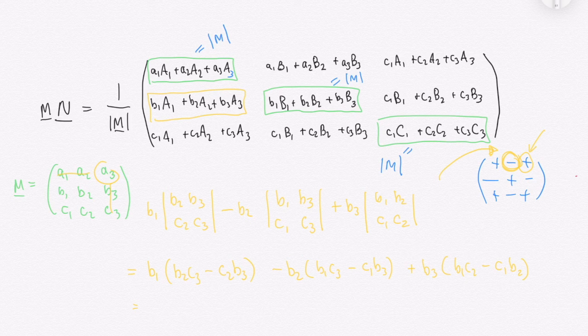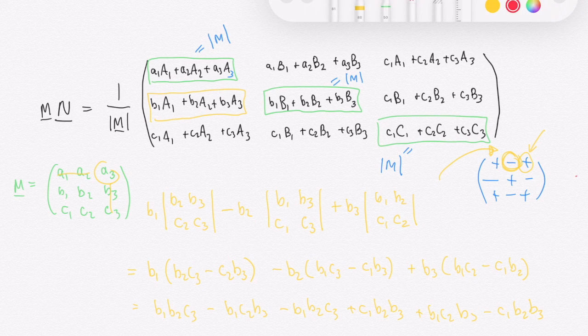And again, let's expand this out. So we get b1 b2 c3 minus b1 c2 b3 minus b1 b2 c3 add c1 b2 b3 plus b1 c2 b3, subtract c1 b2 b3.